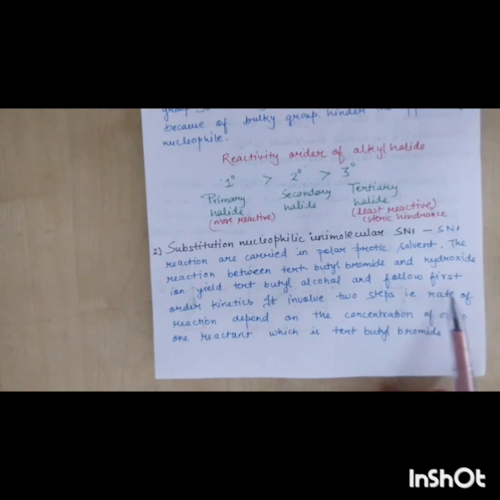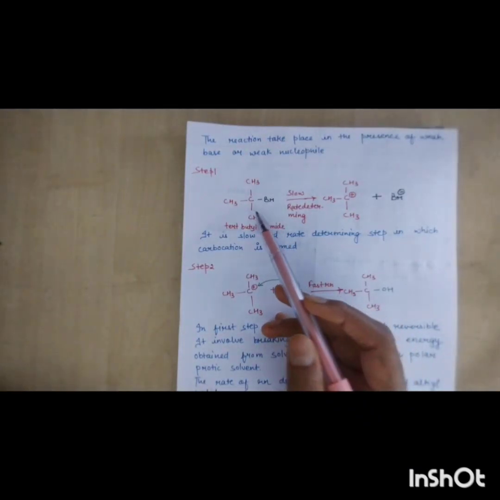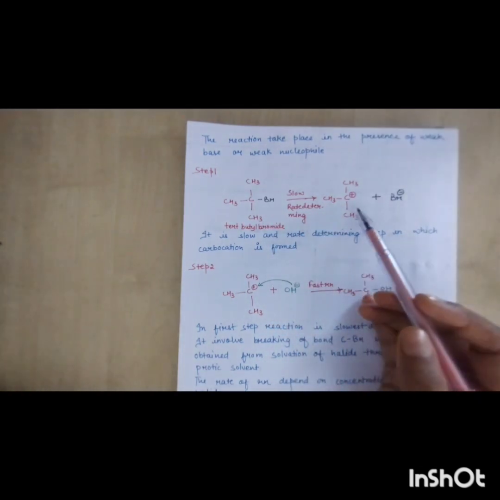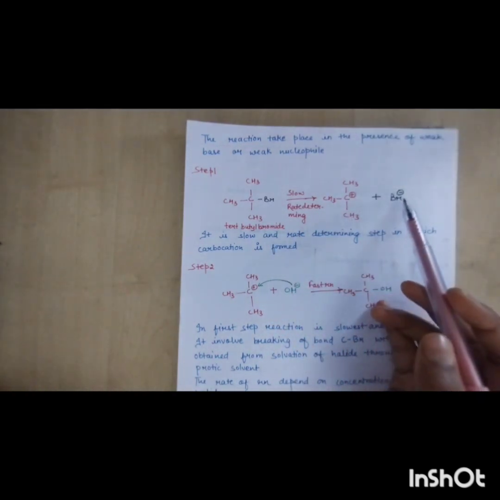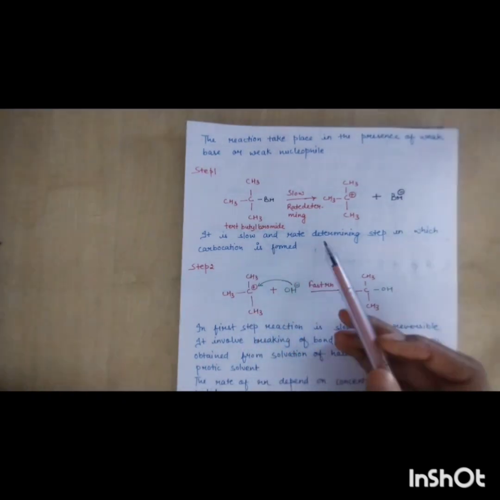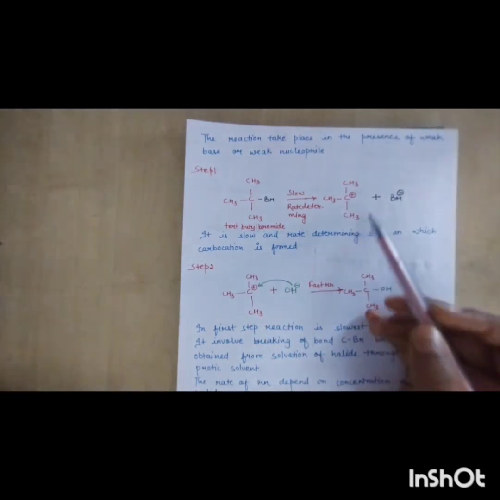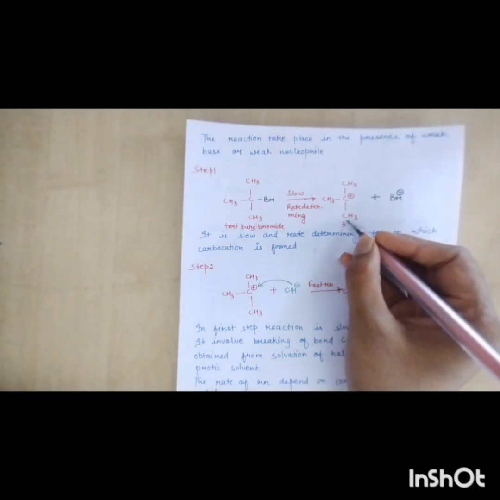In the first step, bromine detaches from tertiary butyl to form a carbocation and bromide ion, and it is the slow, rate determining step in which the carbocation is formed. This is the carbocation, and it is categorized as a tertiary carbocation.